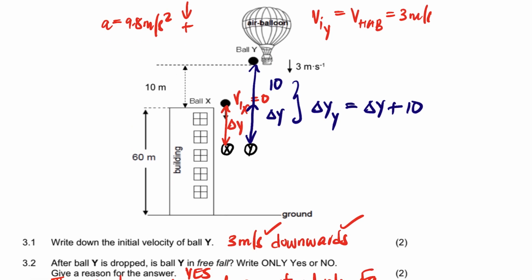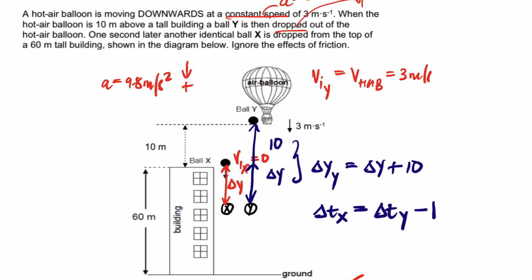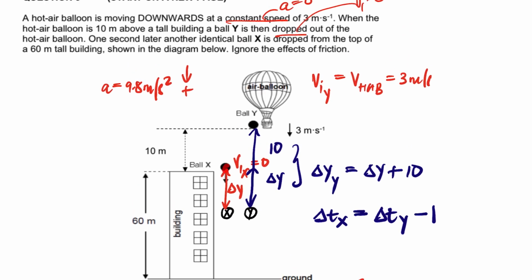So it means this: the time of ball x is equal to the time of ball y minus 1, because ball x was dropped 1 second later than ball y.